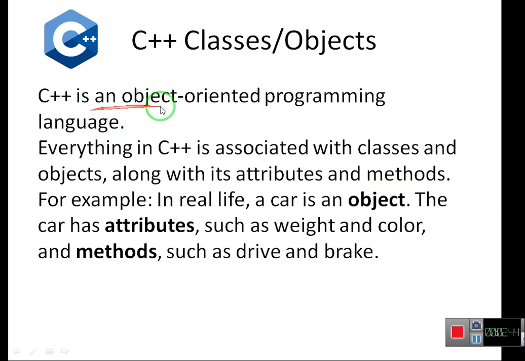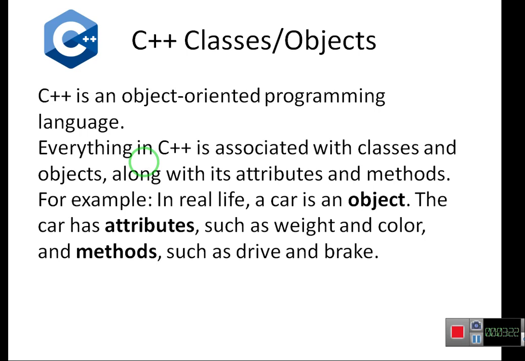C++ is an object-oriented programming language. It is well known that it has the object-oriented concept. Everything in C++ is associated with classes and objects, along with its attributes and methods. Here everything means that almost the C++ language has the functions of these classes.